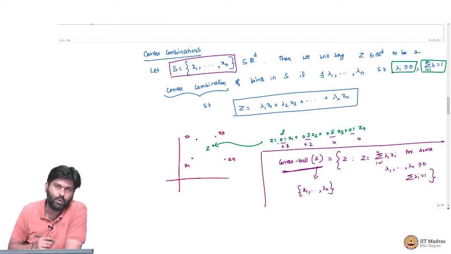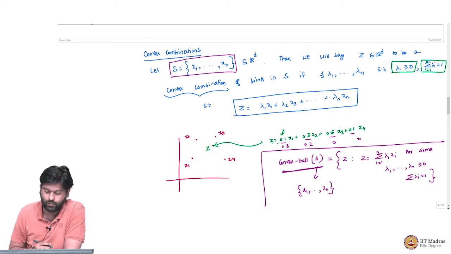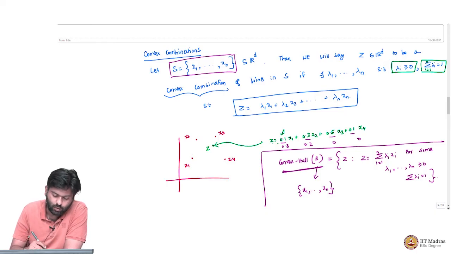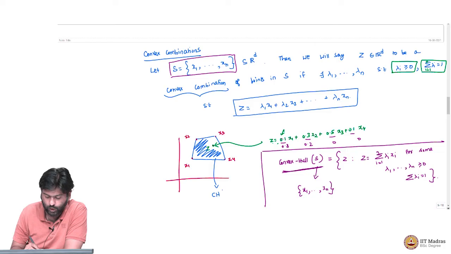If you actually compute the convex hull of the set, it is simply going to look like this, right. The exact set itself would be this, right. So, it would be all the points inside this. This is the convex hull, sometimes abbreviated as CH, of x1, x2, x3 and x4.